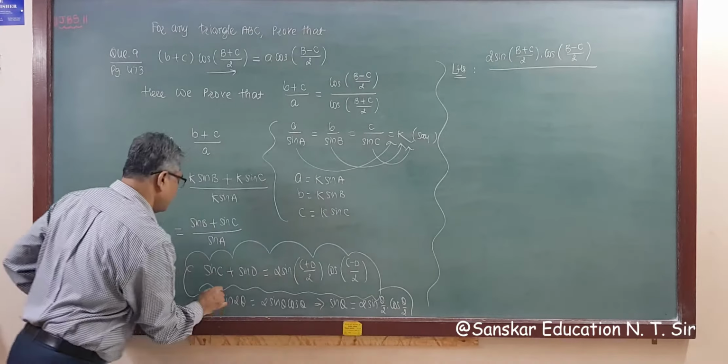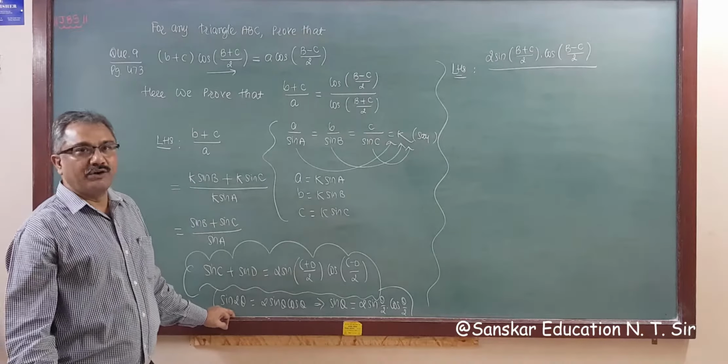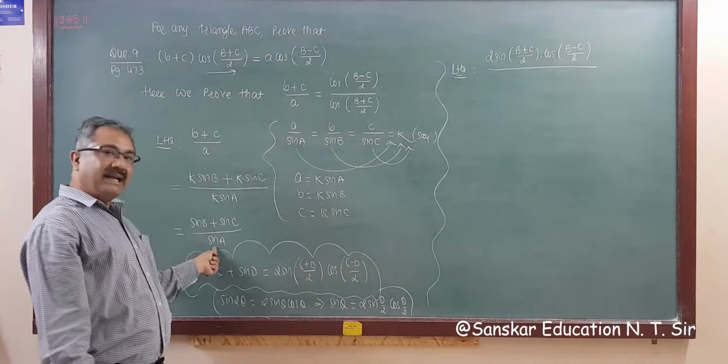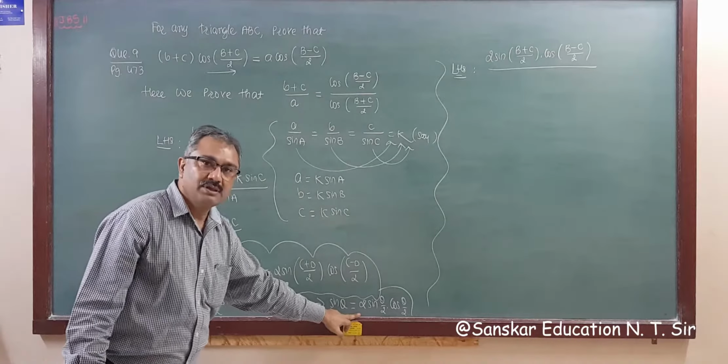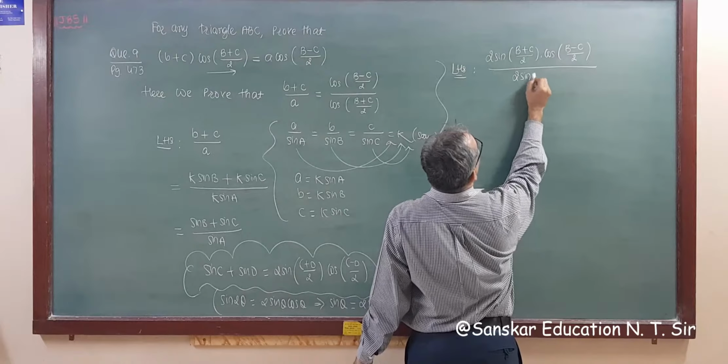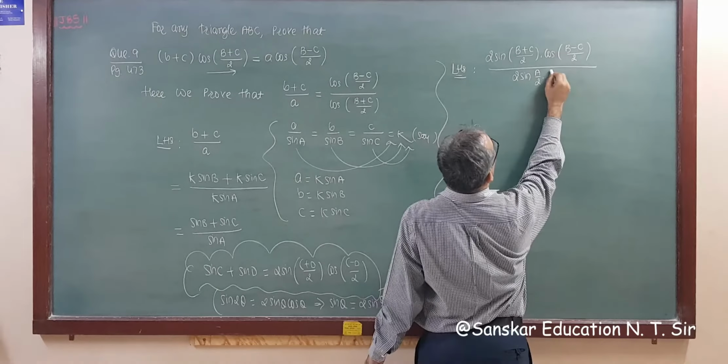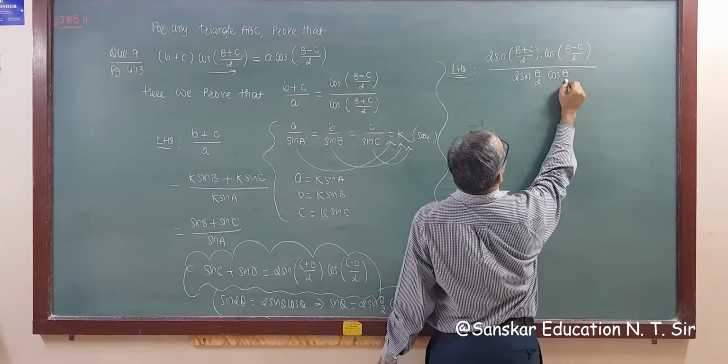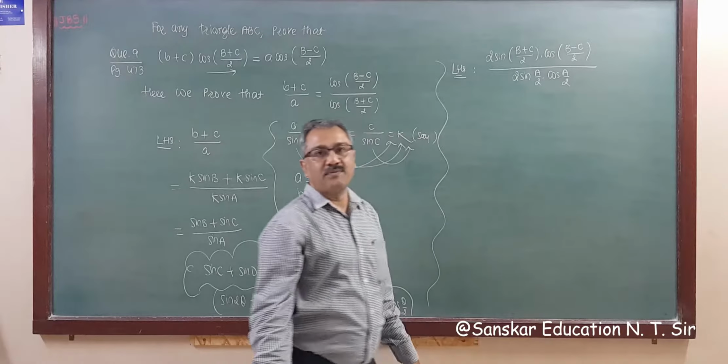So this is another formula which we are going to apply here. So sin A is 2 sin(A/2) into cos(A/2).